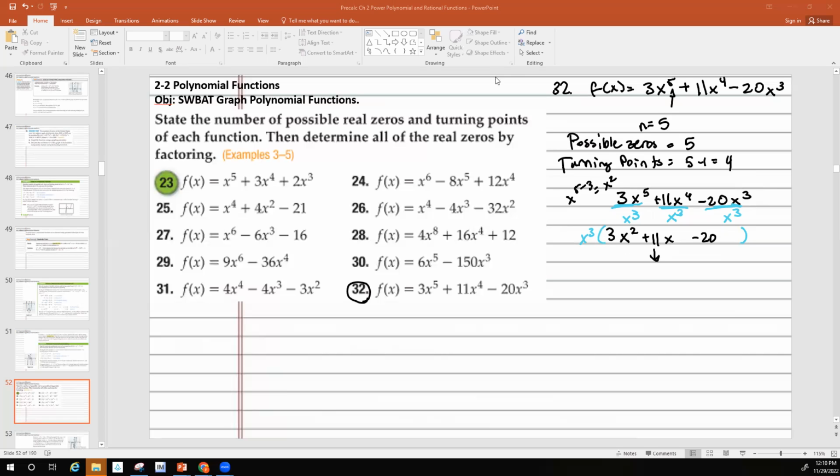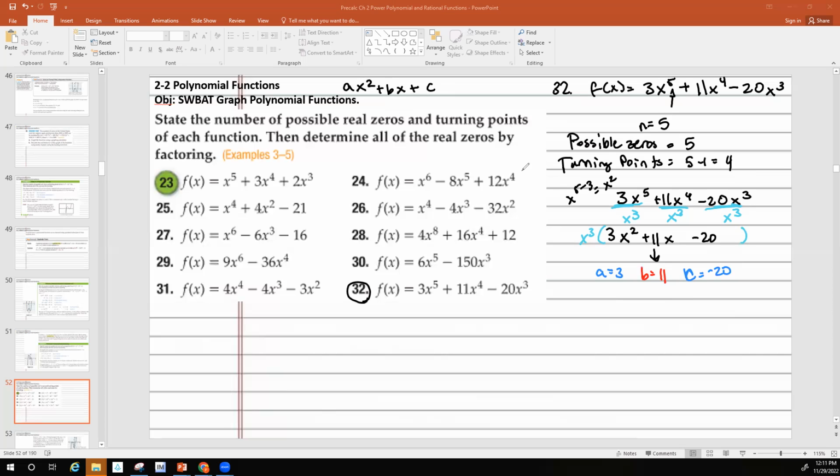Okay, so here we have our A is 3, our B is 11, our C is negative 20. If you're wondering where you got that from, remember ax squared plus bx plus c.